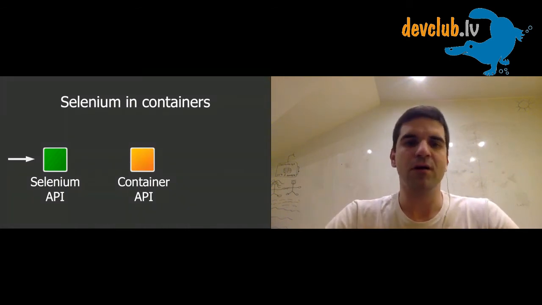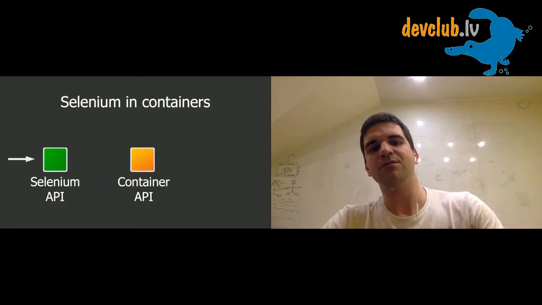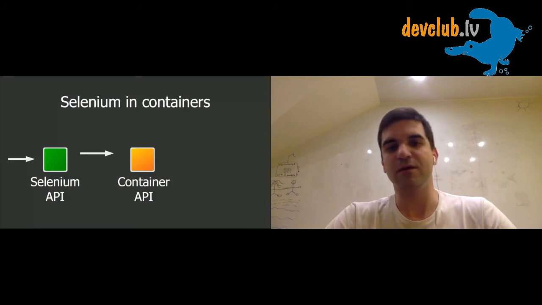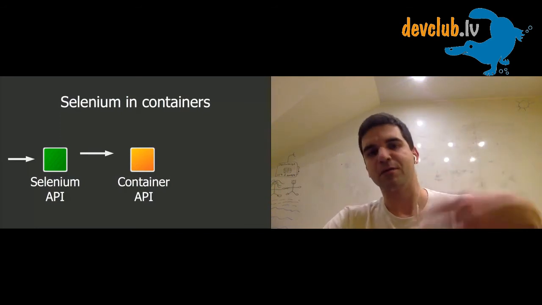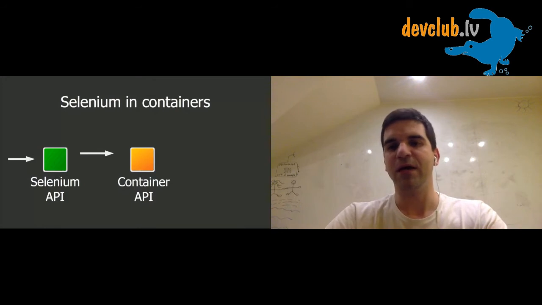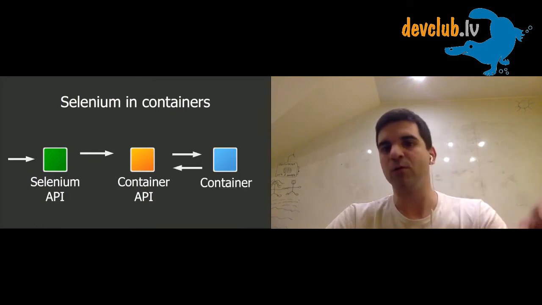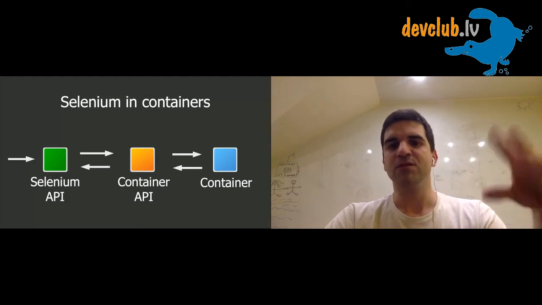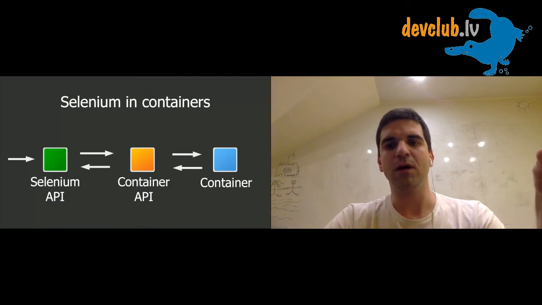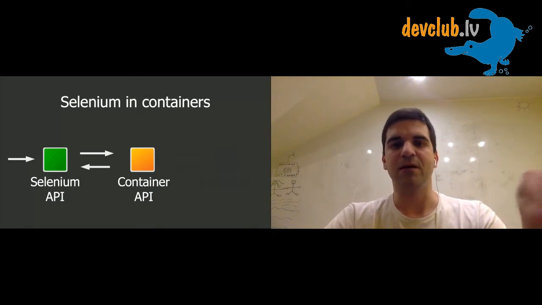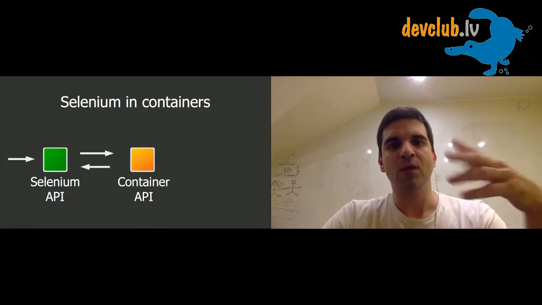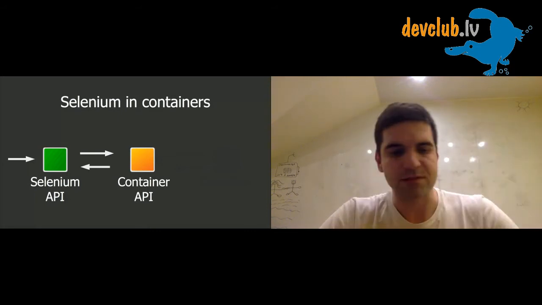So when your test requests a browser from this black box, it will simply send a request to the container API and launch a container with the requested browser version. Then your tests execute in this container. When your tests finish, the container is automatically removed, leaving your host machine operating system in the same state it was before executing your tests.